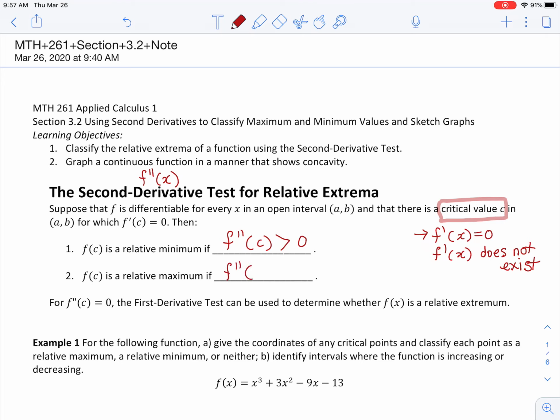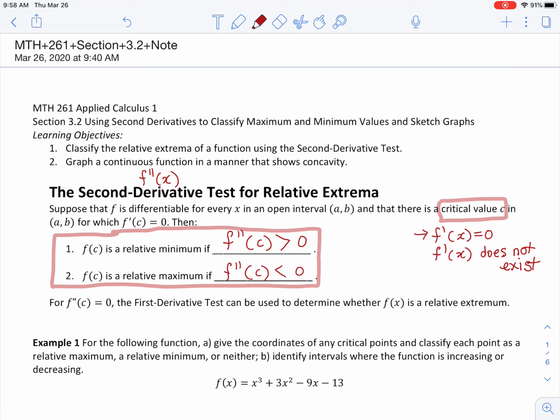Well, what if it comes out to be negative? If you plug it into the second derivative function and you get a number smaller than 0, then we're going to call that f of C a relative maximum. So that is the second derivative test, and we will be using this in our examples 1, 2, 3, and 4. So I'm going to box this.